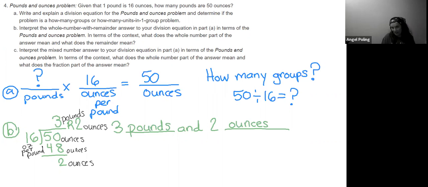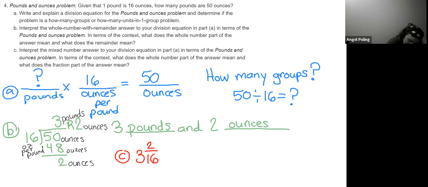And what does the fraction part of the answer mean? So for part C, they're saying when we write the answer as 3 and 2/16 instead of 3 remainder 2, then what are we saying?